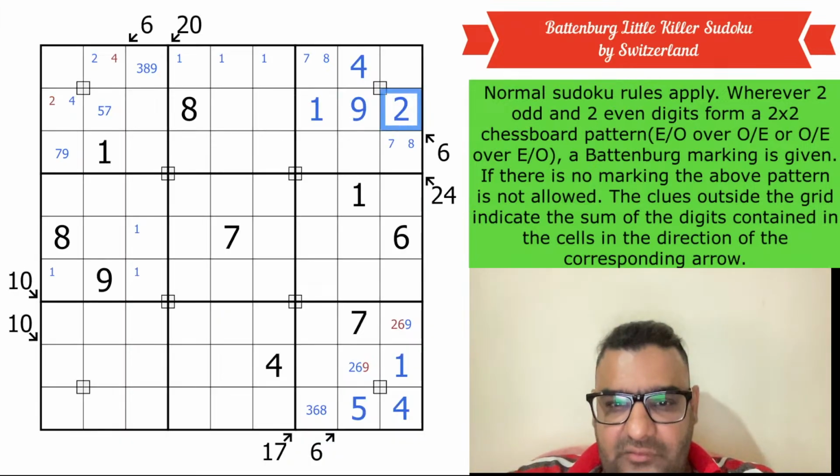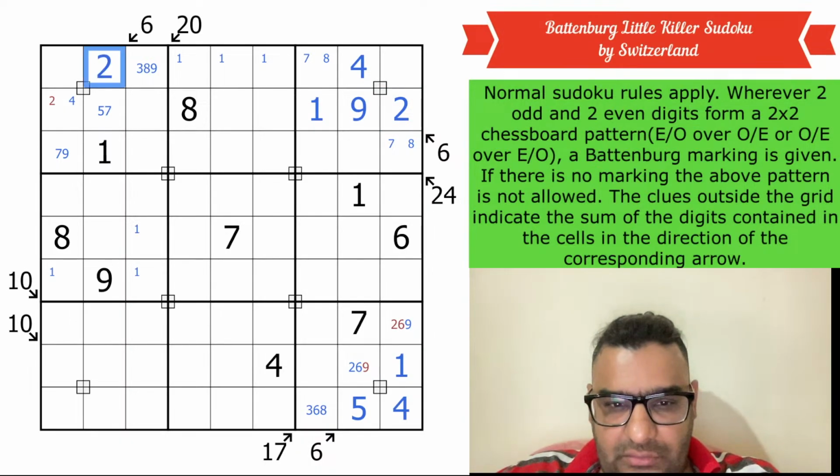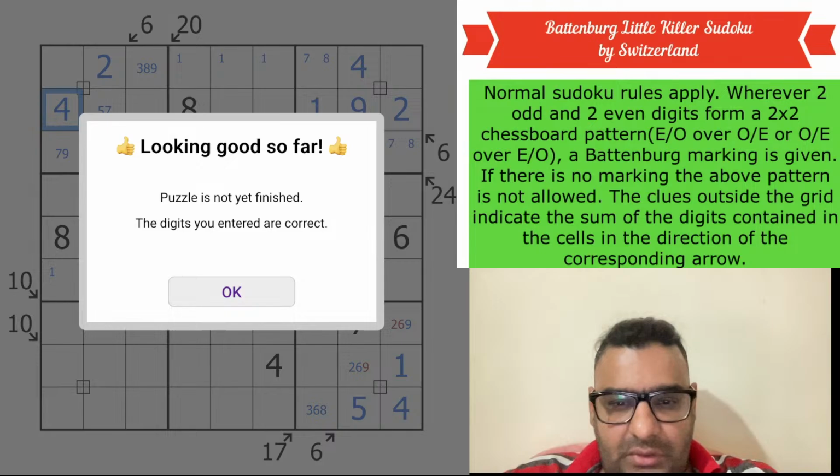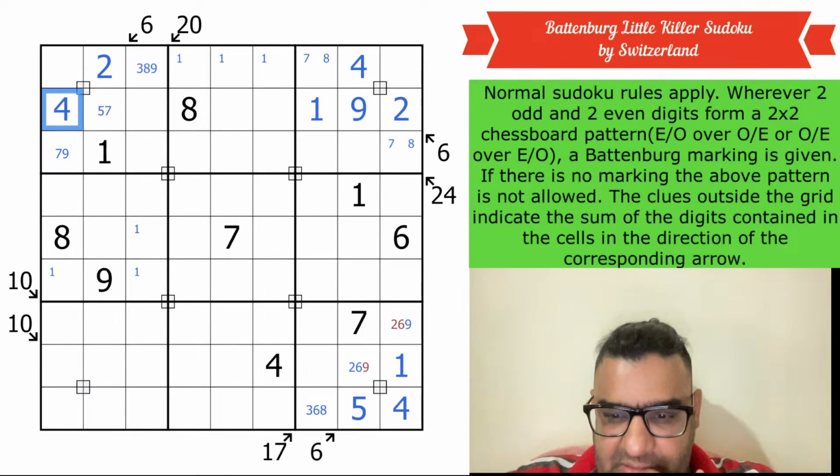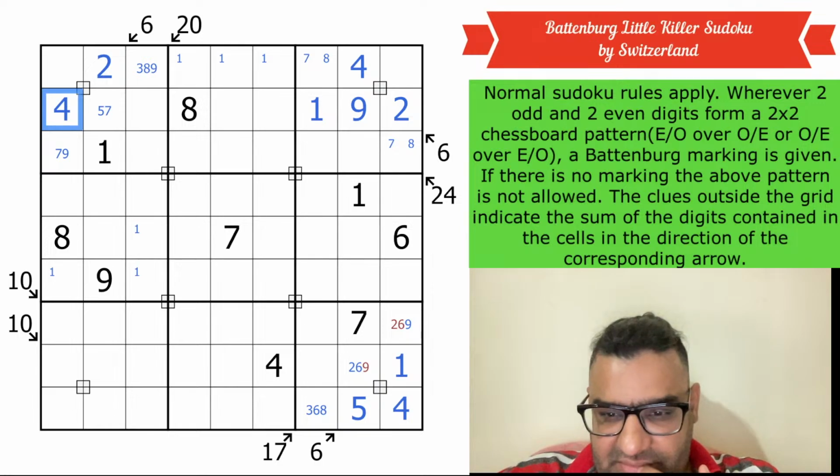Yes, right. If this is 4, this could be 2, and this could be 4. Exactly right. Now I cannot put a 2 here.